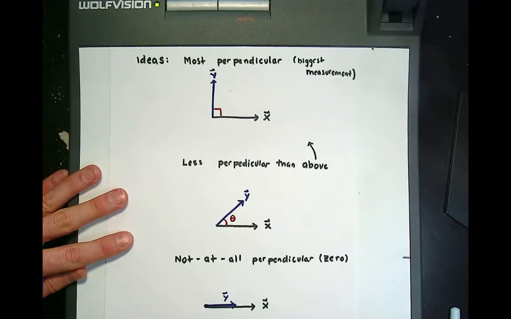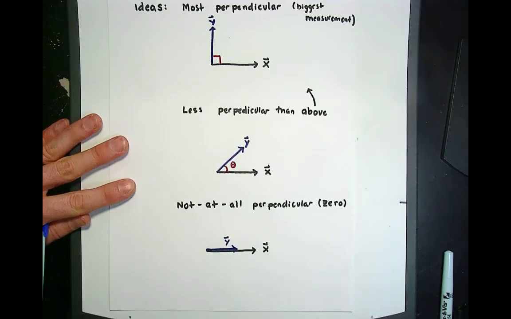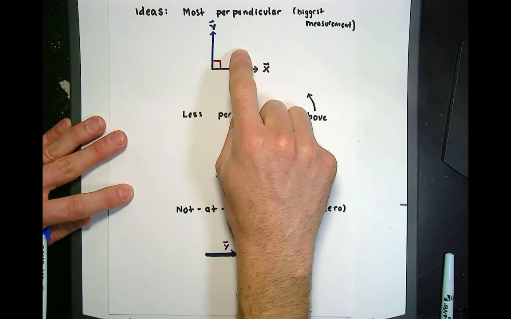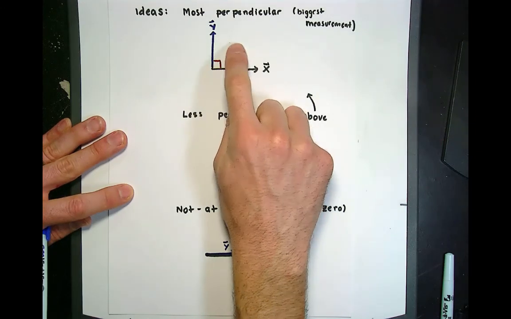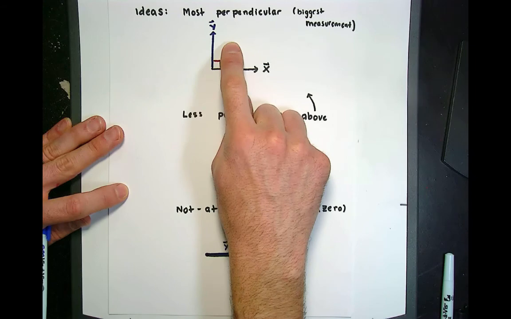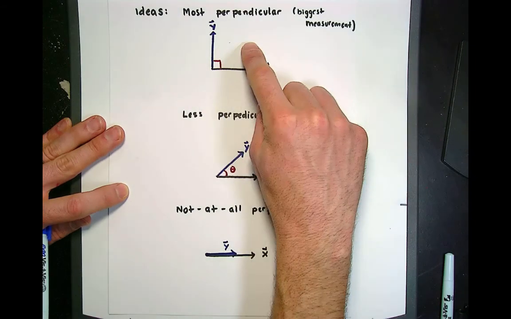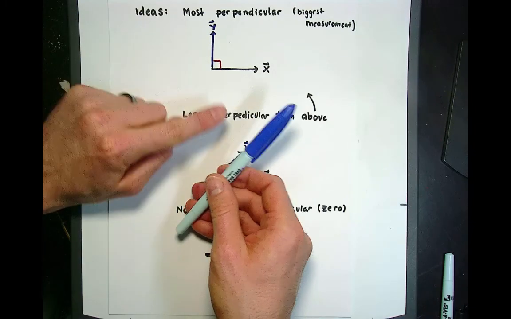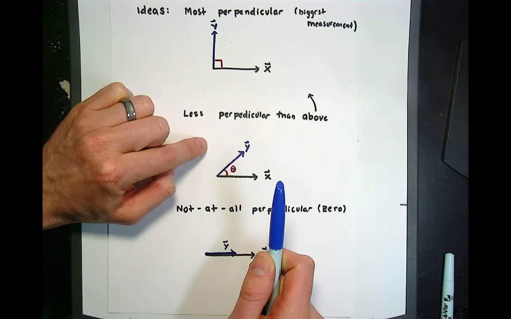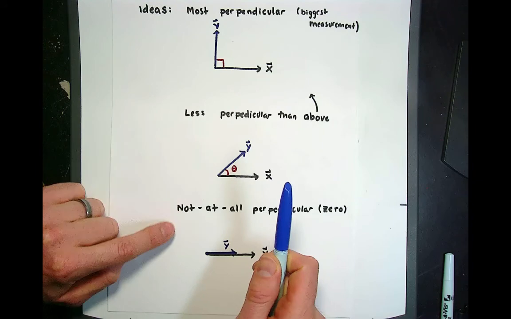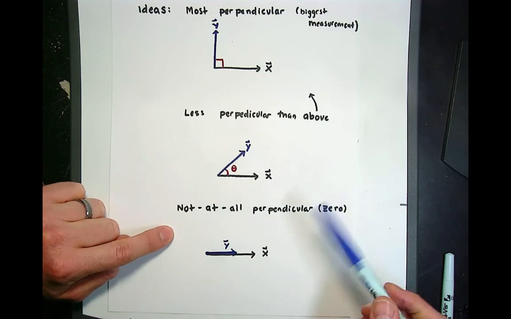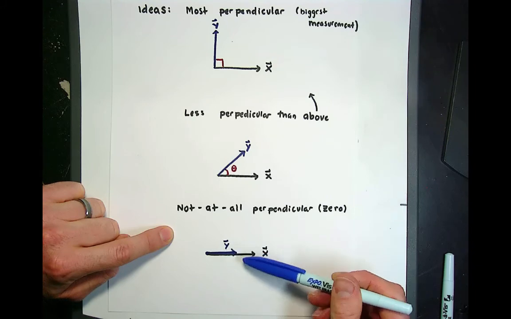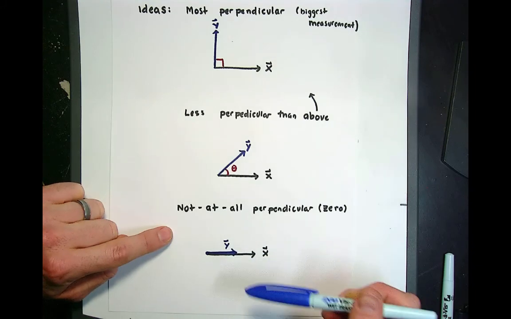And I'll zoom out here. So you would want, in whatever measurement you have, you would want the biggest value of your measurement output to happen when they are exactly perpendicular. If they're between perpendicular and parallel, you would want some lesser measurement in between, and then you would want a zero measurement for perpendicularity when they are exactly lined with each other, right?